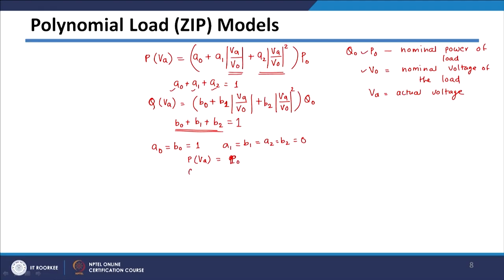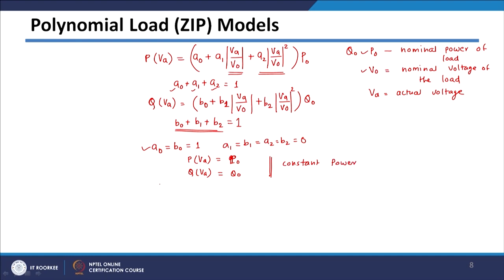Similarly, Q, which is a function of VA, will be equal to Q0. So you can see that when A0 and B0 are 1, the load behaves as a constant power load.